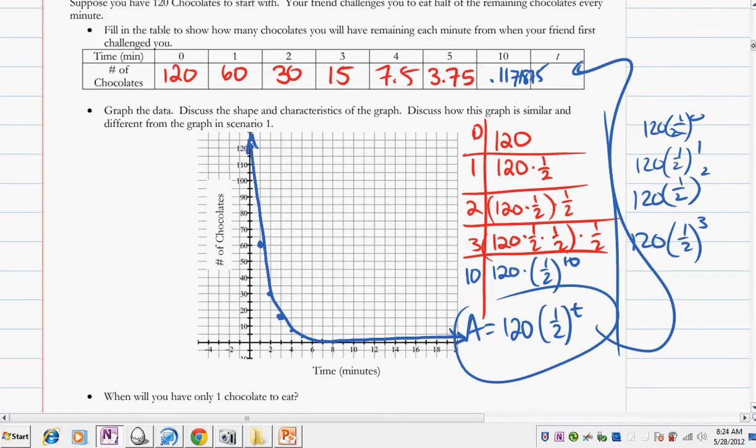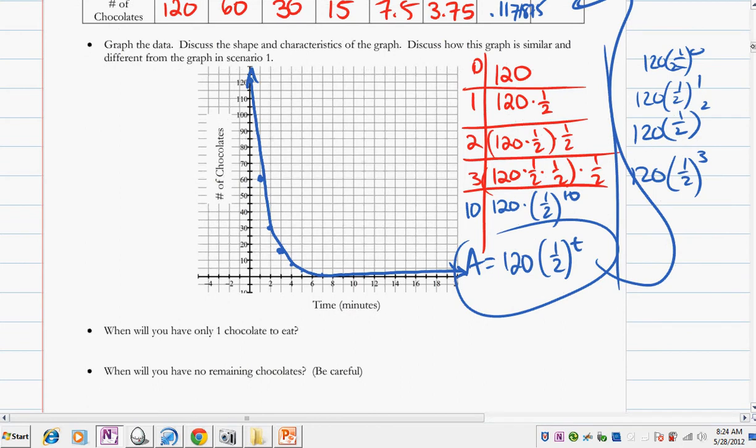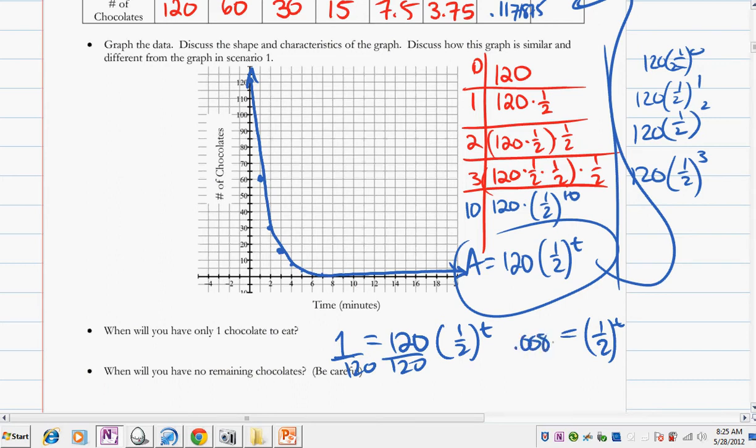When will you only have 1 chocolate to eat? So again, 1 equals 120 times 1/2 to the t. So I can divide both sides by 120. And I get 1/2 to the t on this side is equal to 1 divided by 120, which is about 0.0083 repeating.